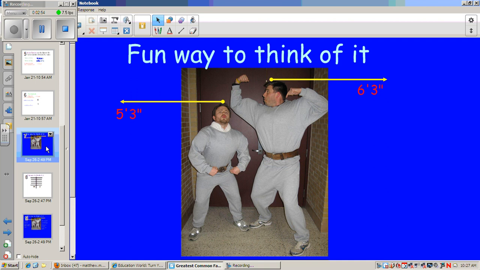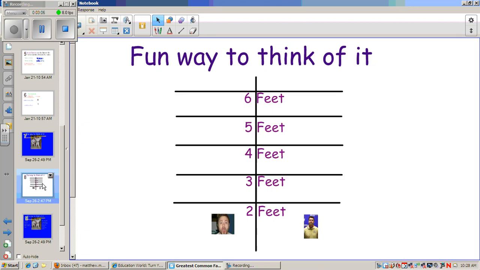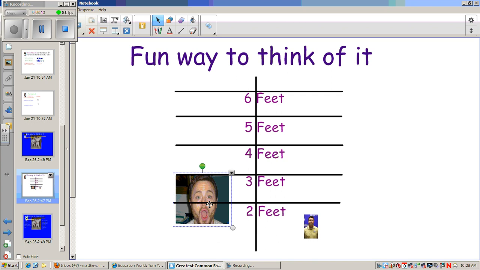And now I have just a fun way to think about it. Mr. Rockenstein is 5 feet 3 inches tall, and Mr. Moore is 6 foot 3 inches tall. When you think about common factors, you could say, here's Mr. Rockenstein. As he's growing, at some point he hit 3 feet.